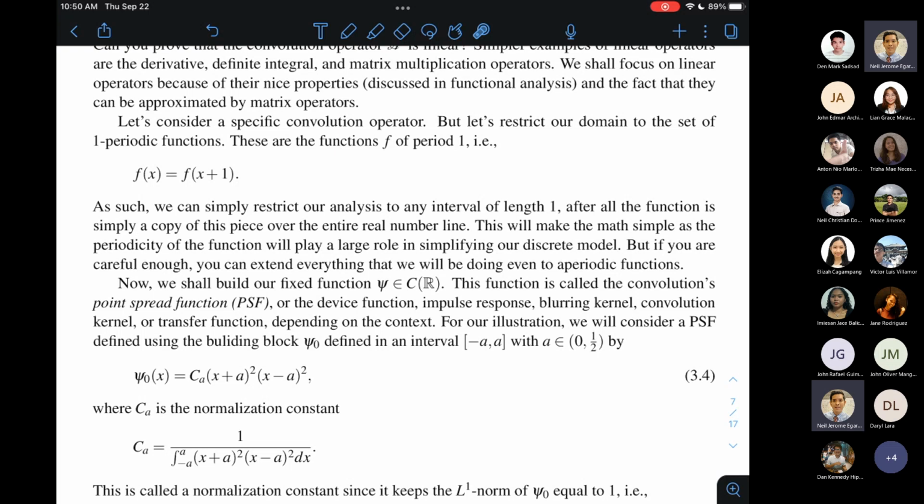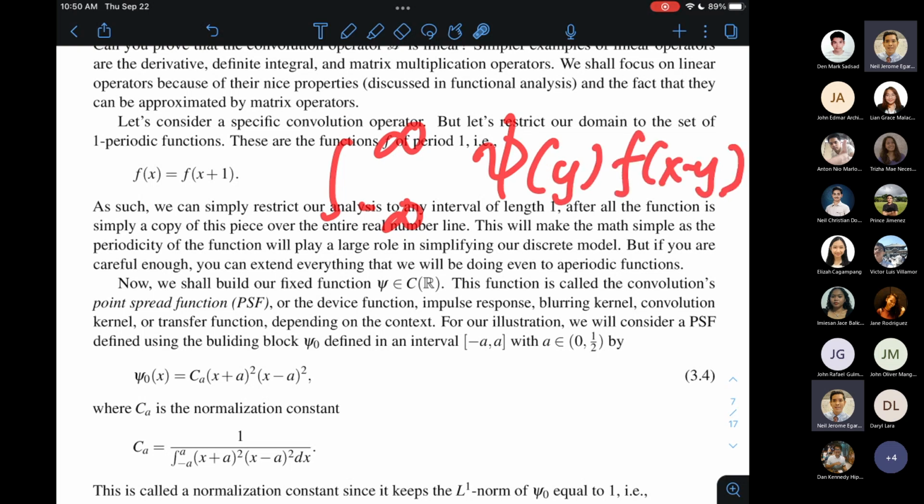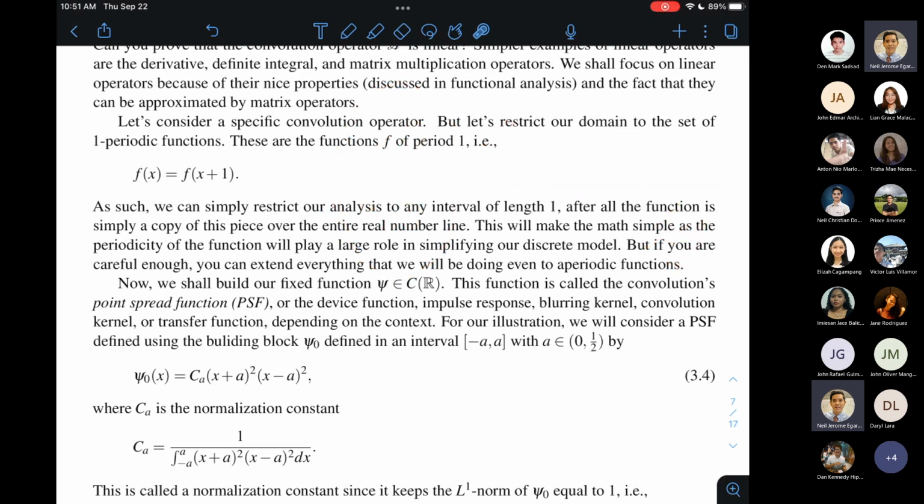So halimbawa, kanina, dun sa integration from negative infinity to infinity, dun sa convolution, okay, kung si f ay 1 periodic, ibig sabihin kailangan ko na lamang i-integrate ito over an interval of length 1. Kasi paulit-ulit lang naman yung magiging itsura niya outside of that interval. Okay? So pwede ko na lang i-consider yung isang slice niya from 0 to 1, and whatever the behavior on that interval 0 to 1 will carry on for all other intervals of length 1.